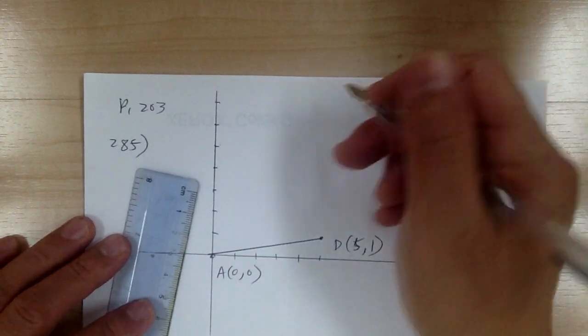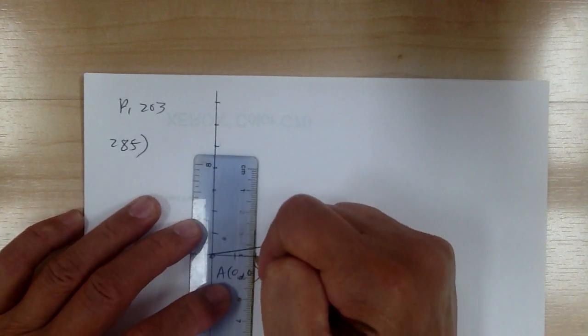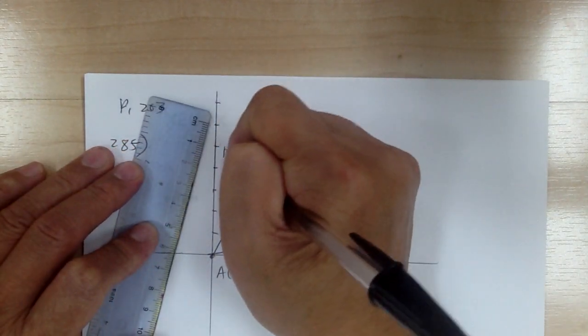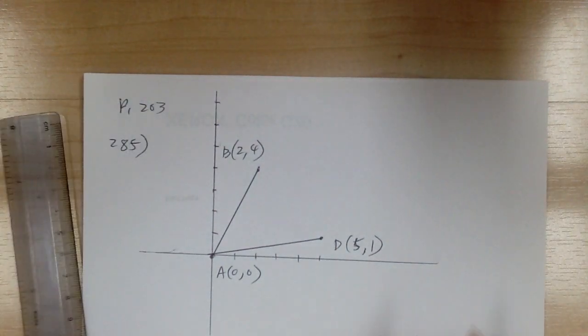And then B is at (2, 4). Okay, so this is the parallelogram.